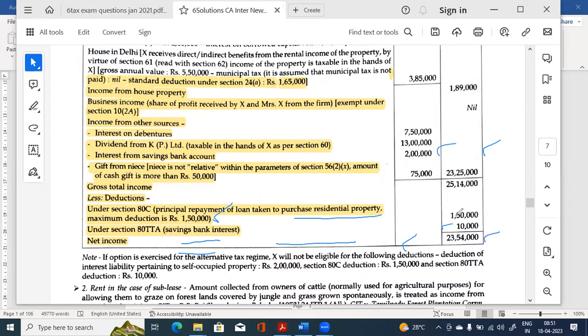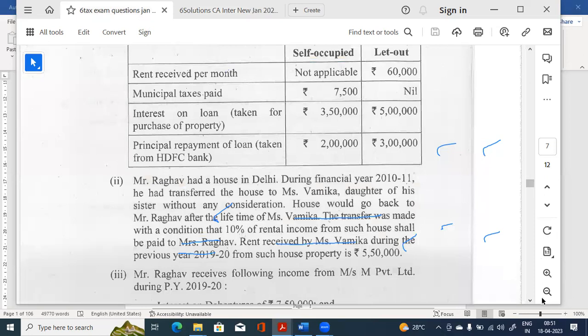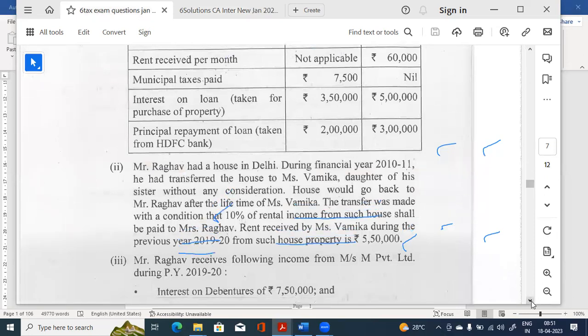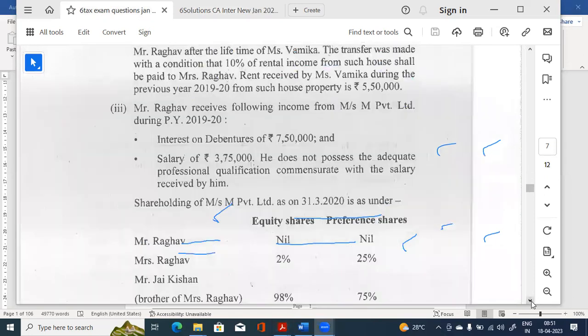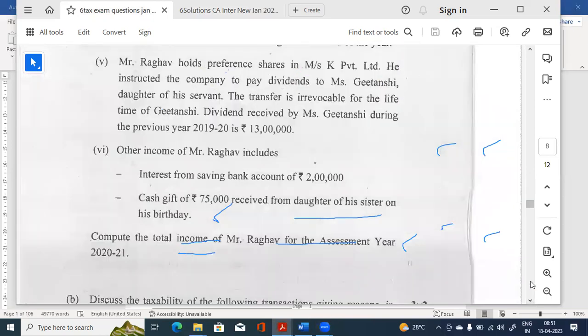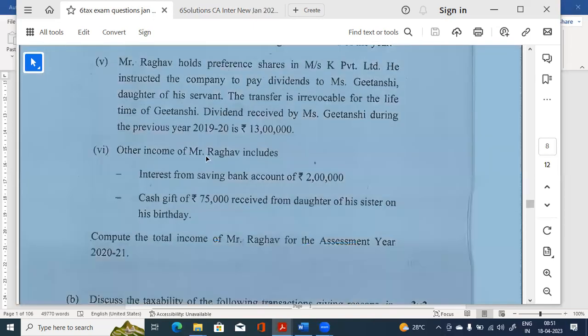That's our total income. Again, here be careful. What are they asking in the question? Let us look at it again. Compute total income. Please take care of this.